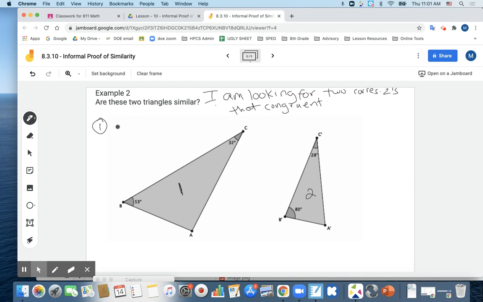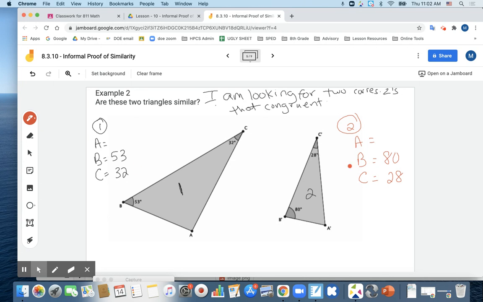In triangle 1, I have angle A, I don't know it. Angle B is 53, and angle C is 32. Now I have triangle 2. Angle A, I don't know it. Angle B equals 80, and angle C is equal to 28.